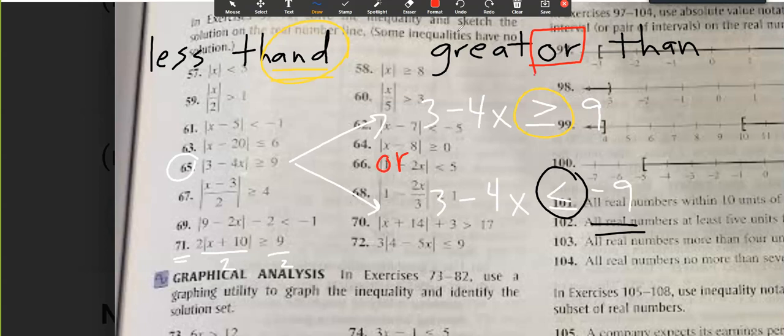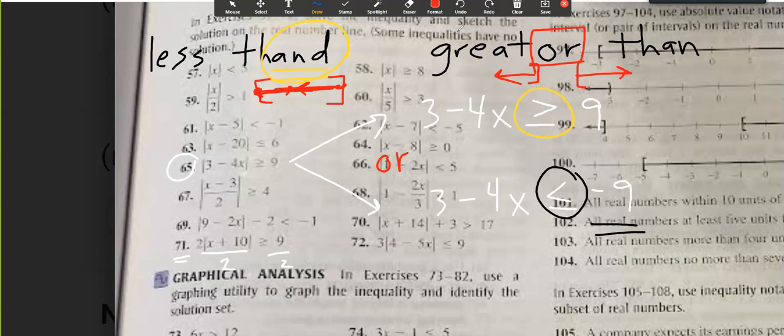The "or" typically means that you're going to be graphing 2 things that go out away from each other. The "and" means you're going to be coming at each other. So you're going to be looking for things that are shaded, or maybe you've got 2 brackets and it's everything in between. Or maybe you got 2 brackets and they're going away from each other. But the less than symbol will cause you to go in towards each other, and the greater than symbol will go away from each other.